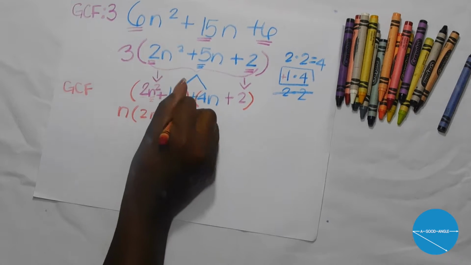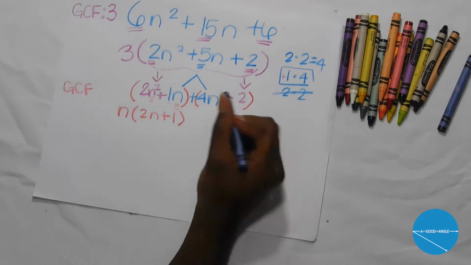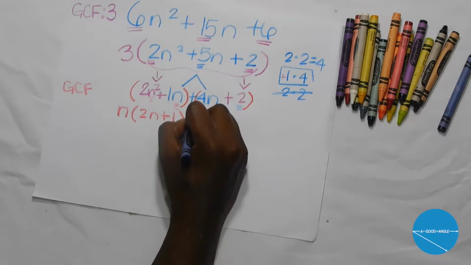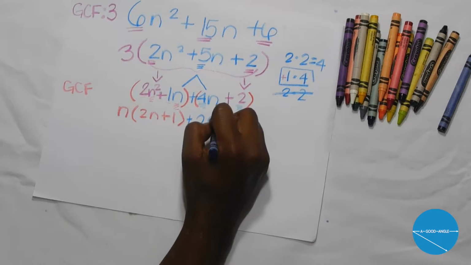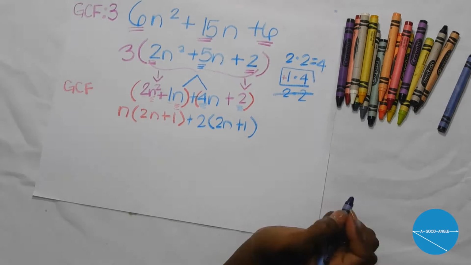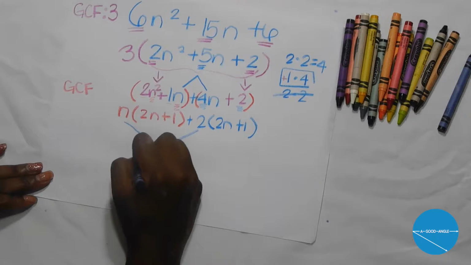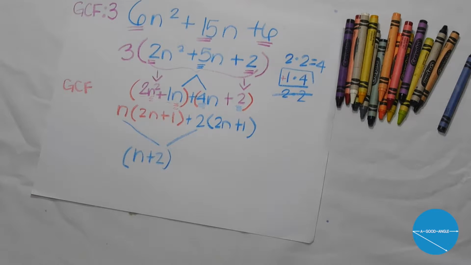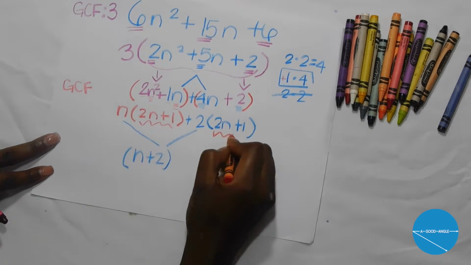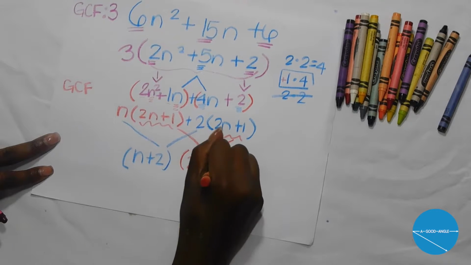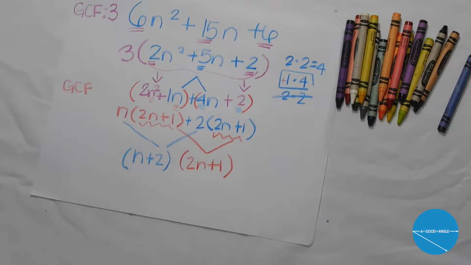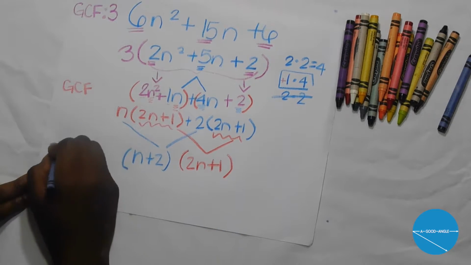So I'm finding my GCF, which is n in the first part, and then finding my GCF for the second part, which is just 2, and 2n plus 1 is what's left on the inside. Notice my parentheses match. So I bring my outsides together, my matching parentheses together, and that is my problem factored.